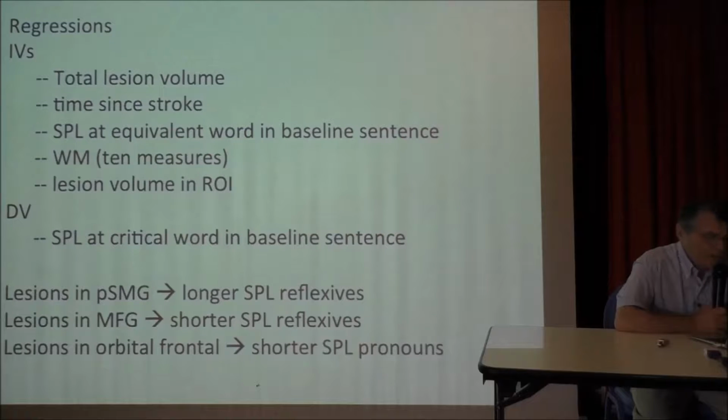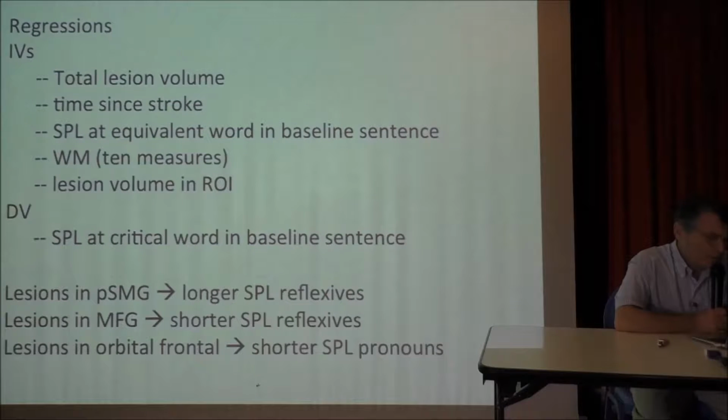And then lesion volume in each ROI or parcellation unit in the Rademacher parcellation unit analysis of brain against the self-paced listening time for the critical word in the baseline sentence. And since the critical words are the same as the equivalent words, length, frequency is not an issue here. I should say, I'm always talking about here corrected listening times.